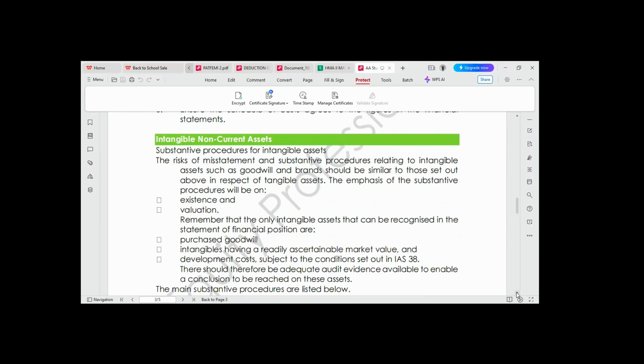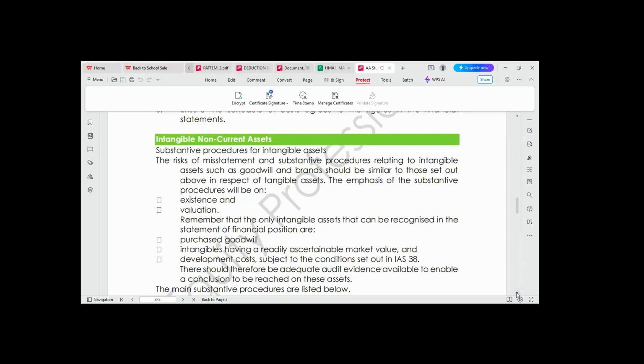Then there should therefore be adequate audit evidence available to enable a conclusion to be reached on these assets. So what they are saying here is that the intangible assets we are referring to are purchase goodwill, intangible assets that have readily ascertainable market value, and developmental costs that have reached the required point.